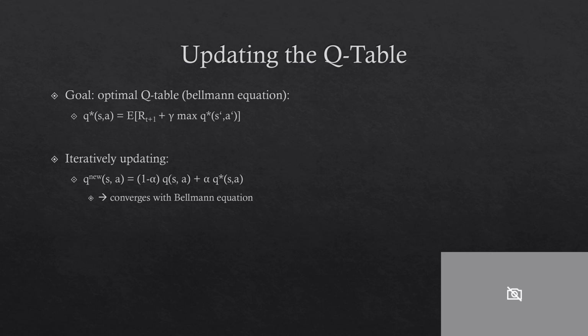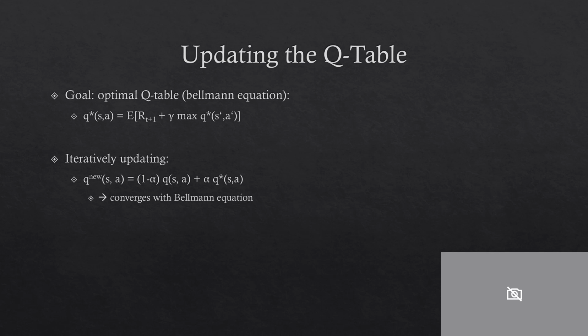The Bellman equation, as we see here, is an expected reward. It's the reward from t+1, so the immediate reward that we get for our action in our state, and then we add the maximum of all future rewards if we follow the optimal policy, and we multiply this with gamma.